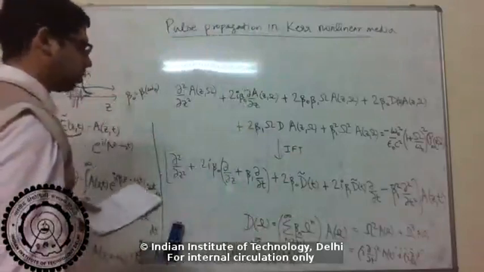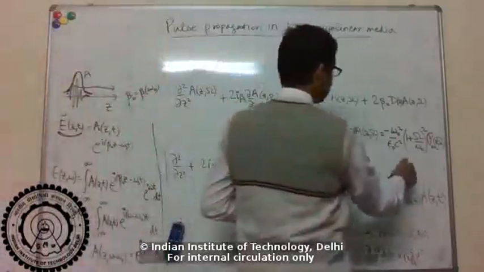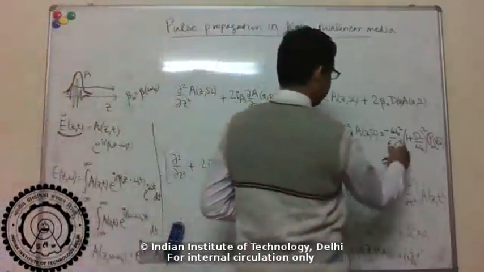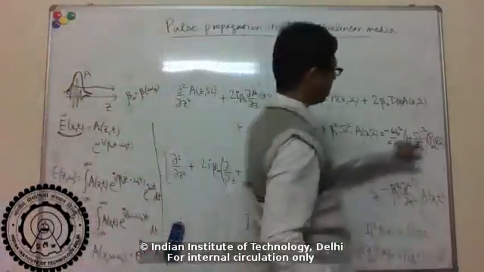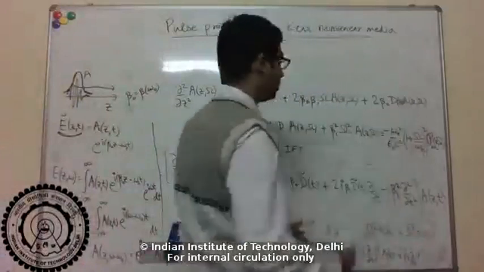Okay, and then what happens to the right hand side? Everything is a constant, except now again we have omega here, which will give me a time derivative.